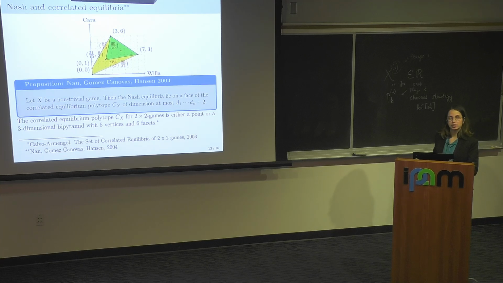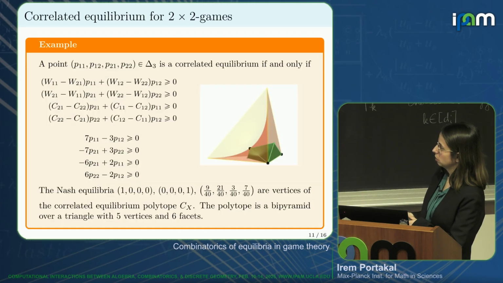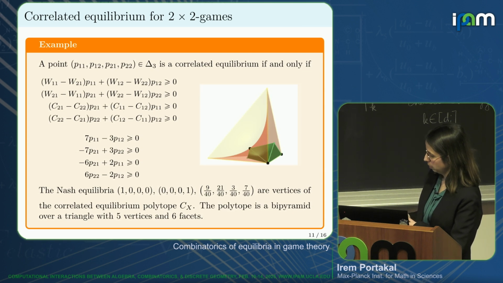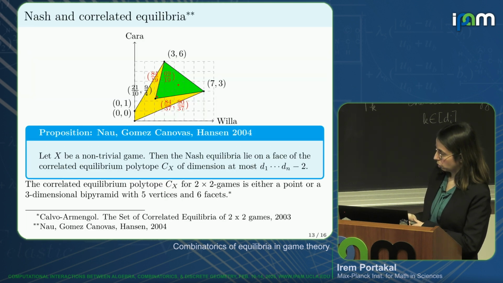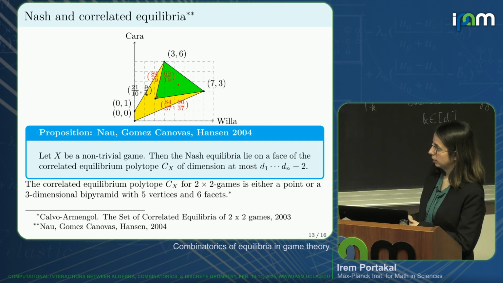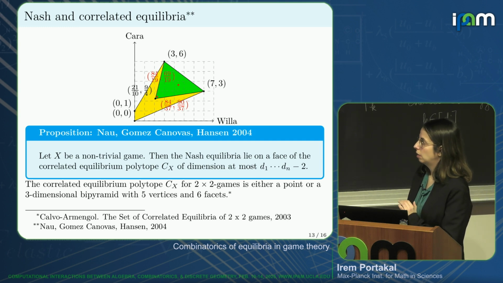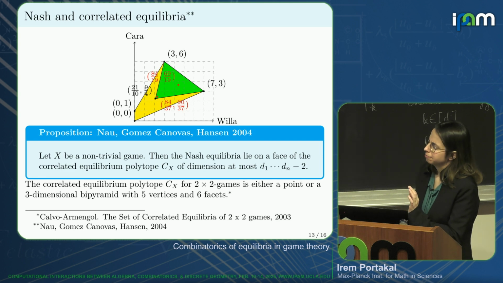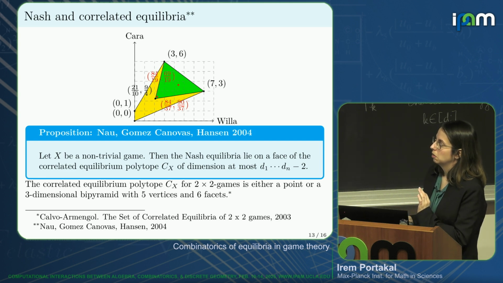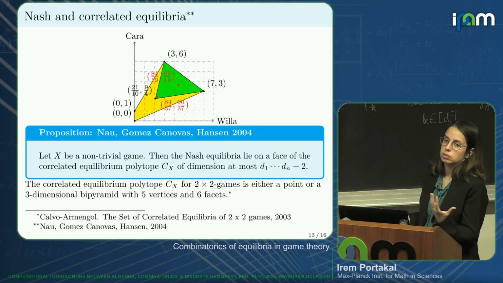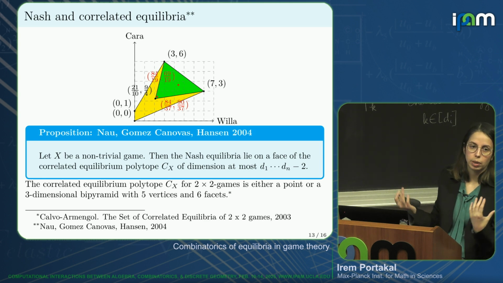Okay, so in the picture I showed you, the Nash equilibrium points lie as vertices of my polytope, and in general that's true as well. You take a non-trivial game, which basically means you shouldn't take, for example, payoff matrices to be constant matrices, because then you get the whole probability simplex.